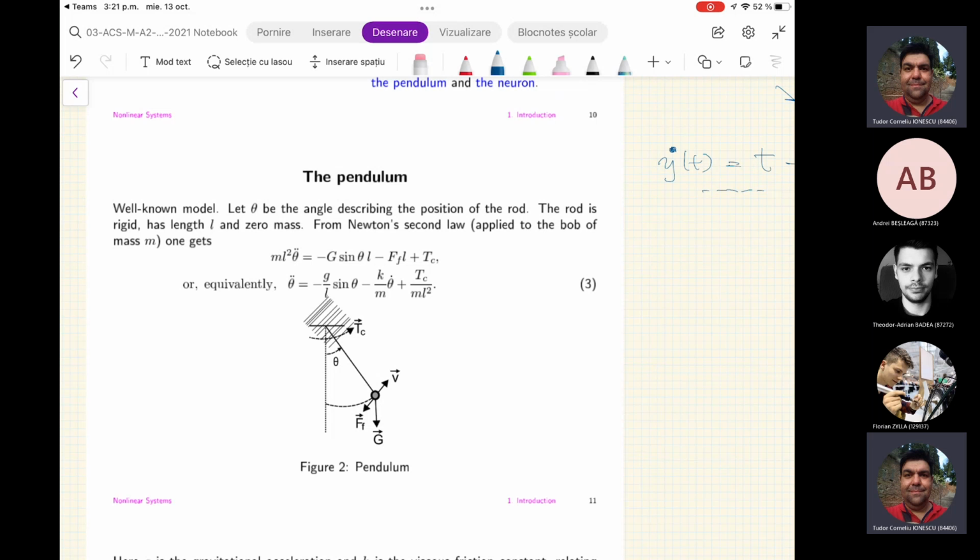It can be moved forcefully using a torque TC, or it can be left to swing, subject to perturbations, and then we can see what happens.